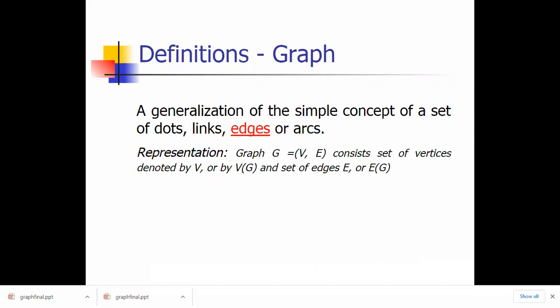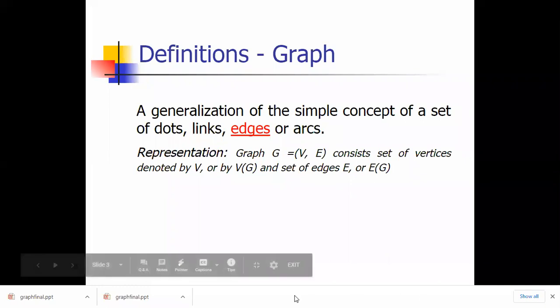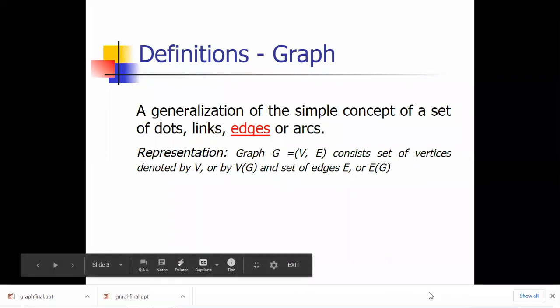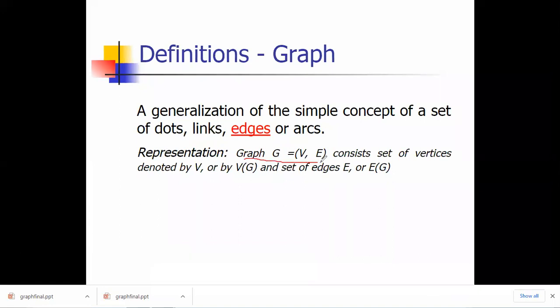Now, basically the definition of graph is, a generalization of the simple concept of a set of dots. There are two parts you can understand here, that I'm highlighting in the presentation. The very important part is that the graph is a combination of these two parts, vertices and edges.